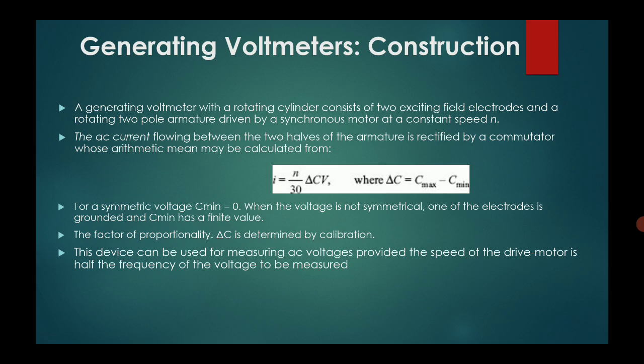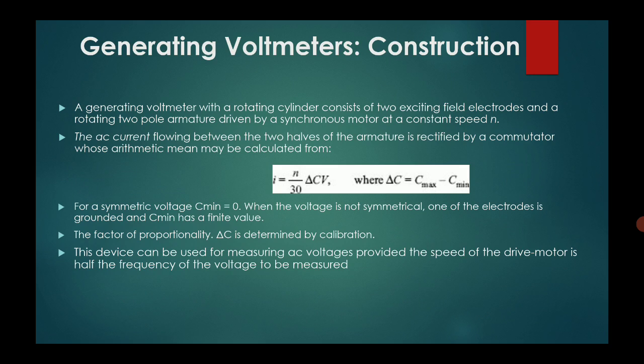For a symmetric voltage, C minimum is 0. When the voltage is not symmetrical, one of the electrodes is grounded and C minimum has a finite value. The factor of proportionality delta C is determined by calibration.